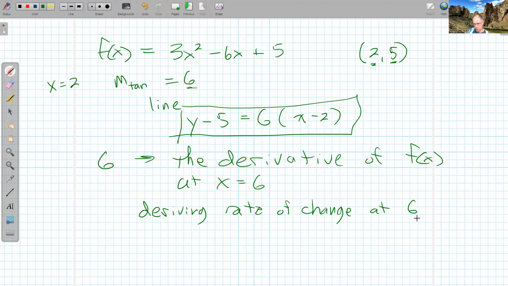When people first started doing this kind of math a long time ago, they realized that it's technically not a rate of change anymore because we don't have 2 points. We're just looking at a single point. And not at x equals 6, at x equals 2, we get 6. So the rate of change at x equals 2 seems to be 6.